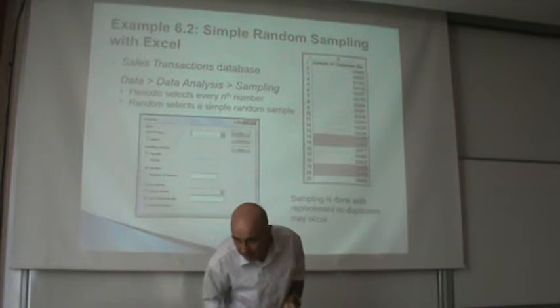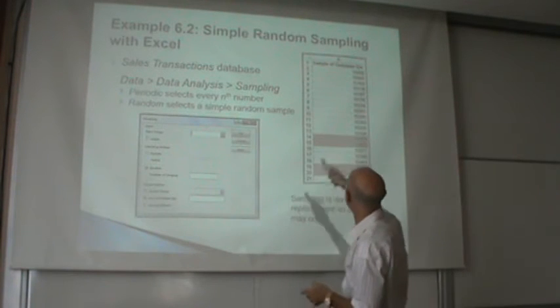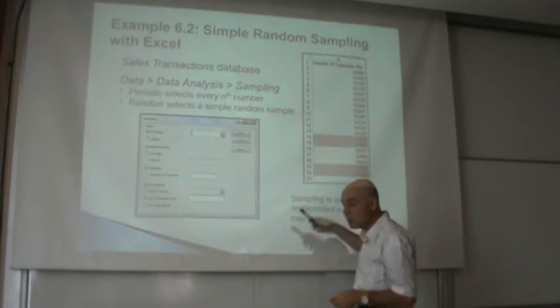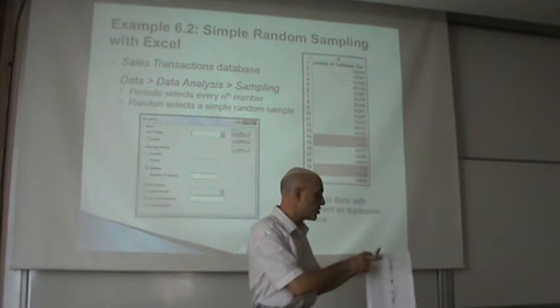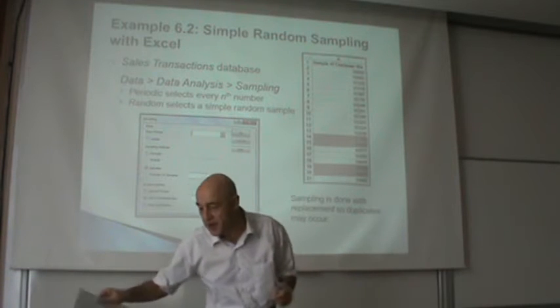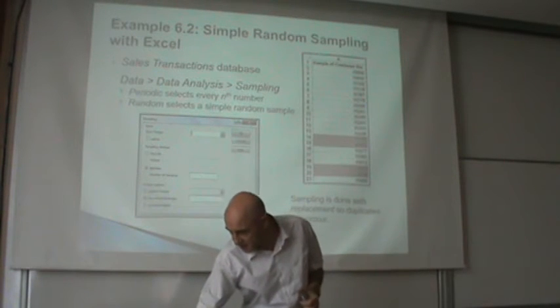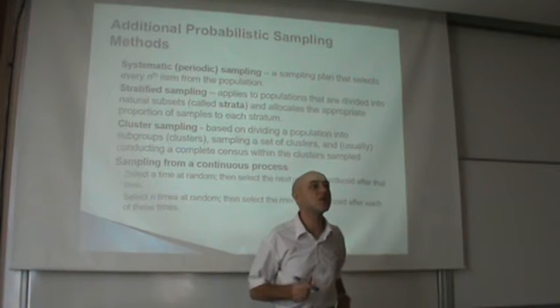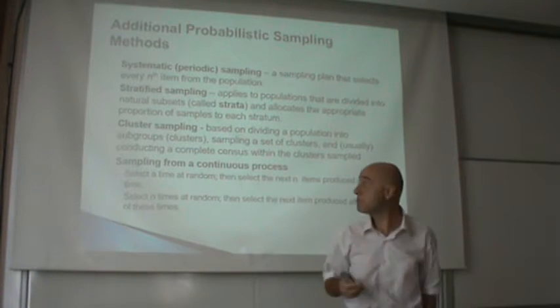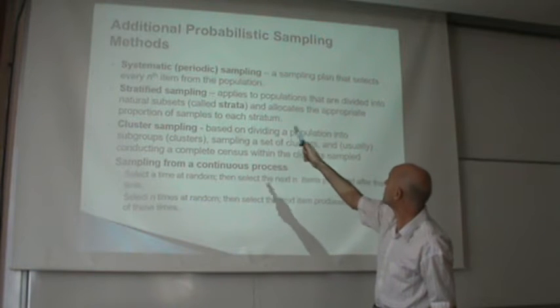Let's see what else we got. Sample random, okay, well, you got some ID numbers, customer ID numbers, which are similar to student ID numbers, and Excel picks a sample, no big deal. Now, there are other additional probabilistic methods. One is systematic.